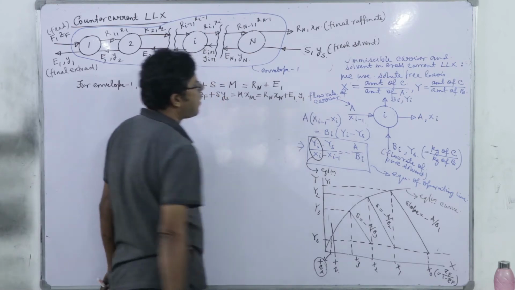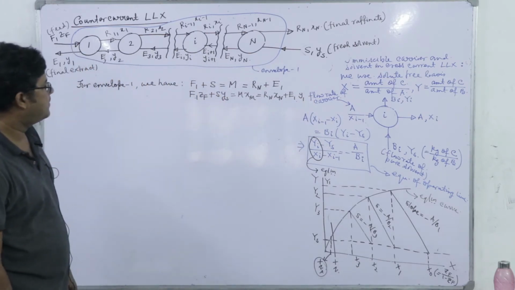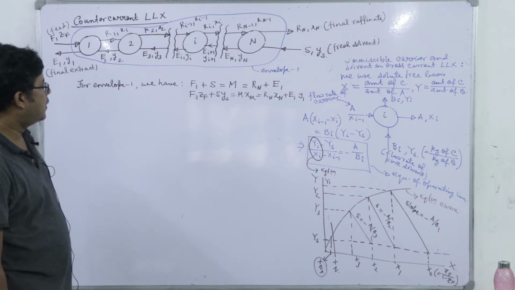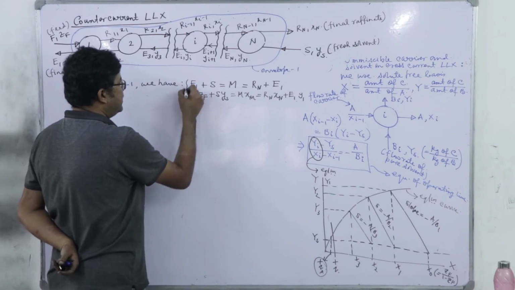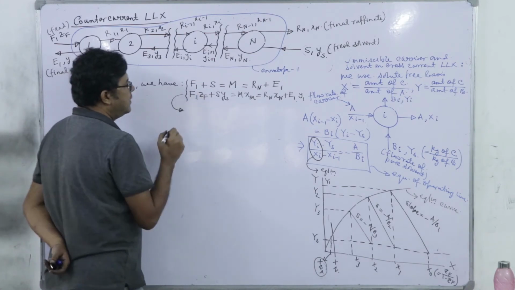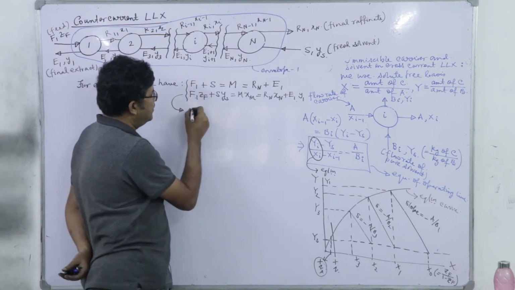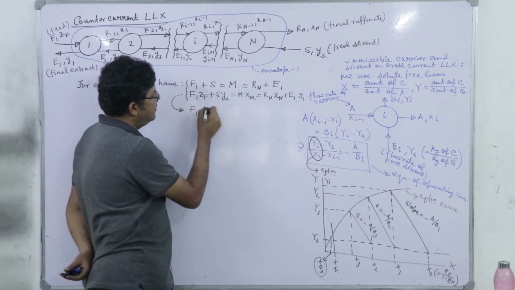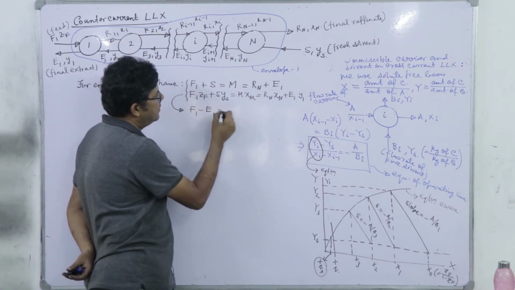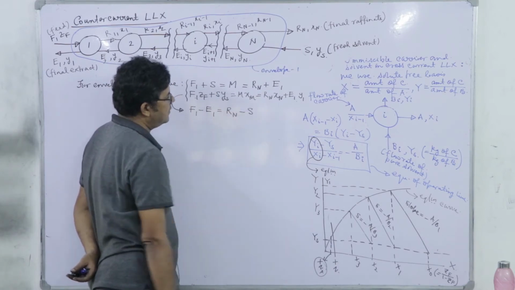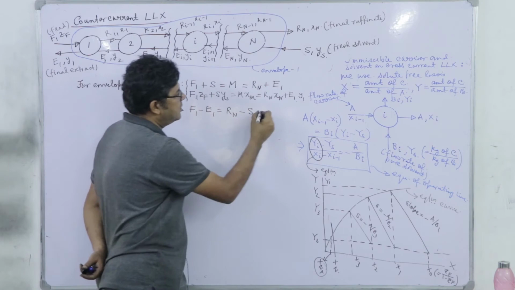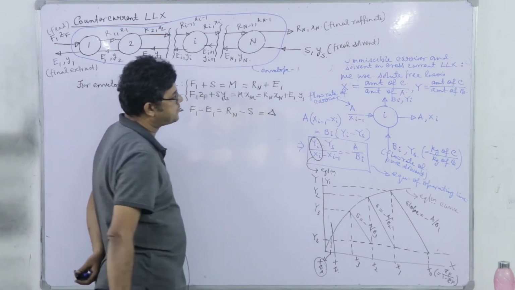Right. So, you see that we can write this in a different form, like F1 minus E1 is equal to Rn minus S, and let us call this difference as delta.